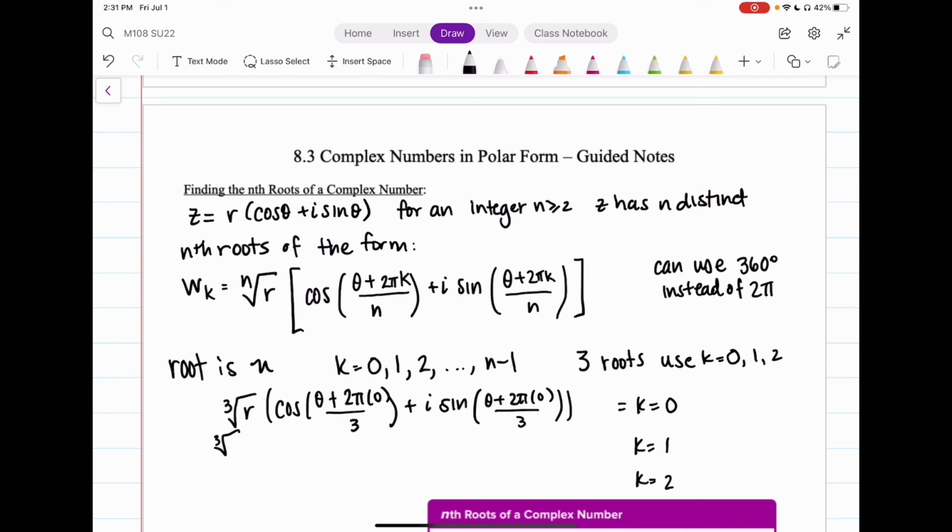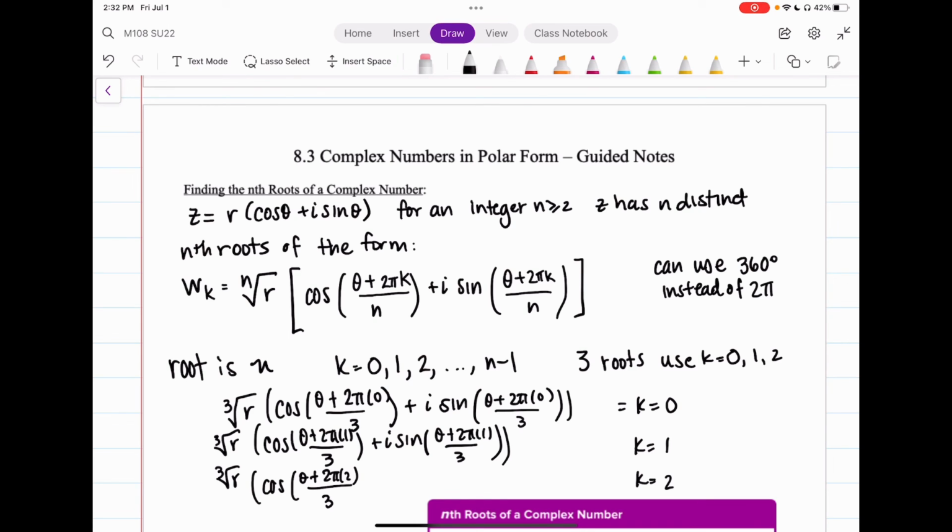So you would take the cube root again for each of these, times the cosine of theta plus 2 pi times 1 now for k, plus i sine theta plus 2 pi times 1 now for k, where the 3 doesn't change, because that's the number of roots that I'm asked for.